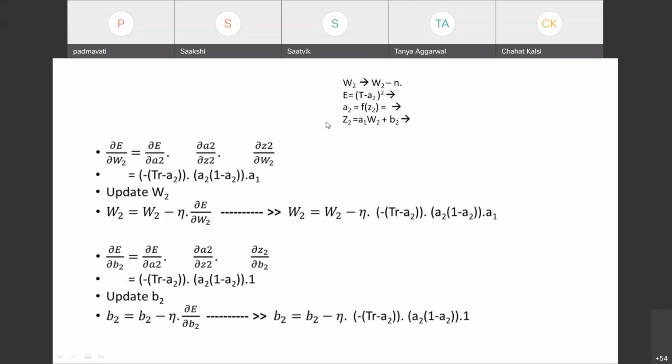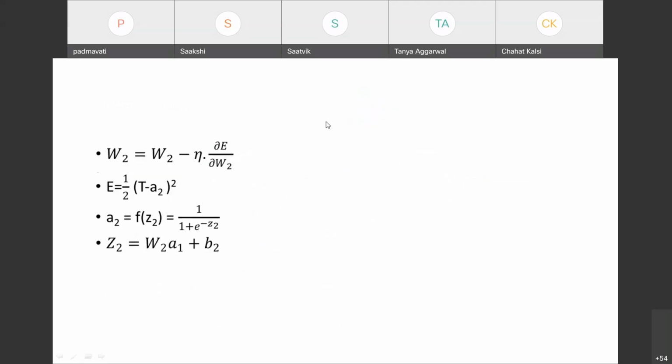Before updating the value of W2, I need to check the derivative of E with respect to W2.